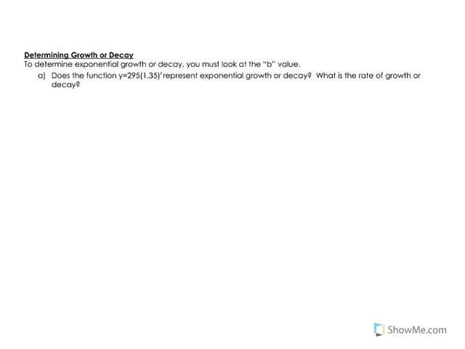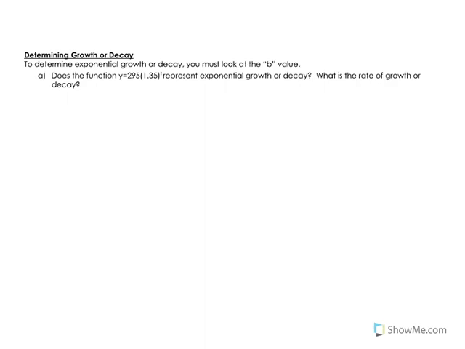Now we have a different type of problem. This problem is asking, does the function y equals 295 times 1.35 to the t power represent exponential growth or exponential decay? And then what is the rate of growth or decay? So the hint above says to determine exponential growth or decay, you have to look at the b value. Now, if you remember from the growth factor formula, b is what's in parentheses.